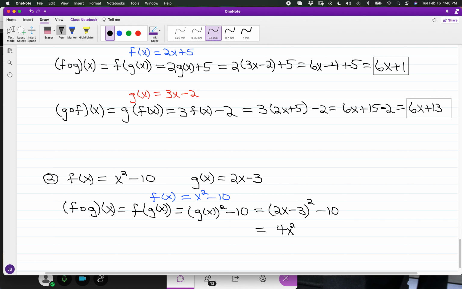So you got 4x squared, and then you're going to have negative 6x and another negative 6x for the outside and inside products, and the last product from 2x minus 3 times itself is going to be 9, and then we have the minus 10 to follow. So we're going to have 4x squared minus 12x, and 9 minus 10 becomes negative 1. So for the output, we have 4x squared minus 12x minus 1.